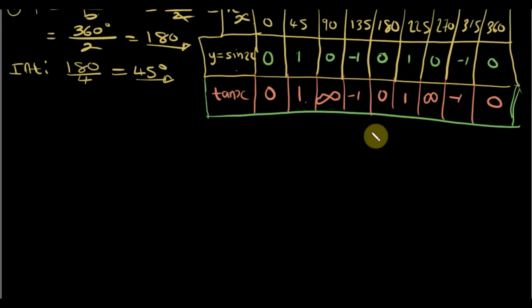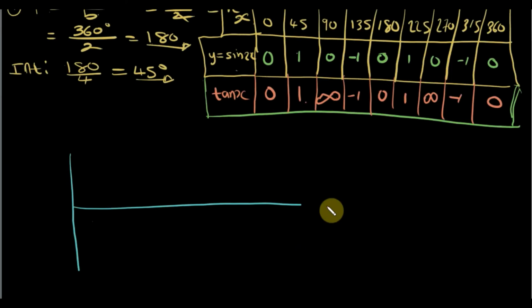Now you can just go ahead and plot this. We can already see from here that the highest point is 1 and the lowest point is minus 1.